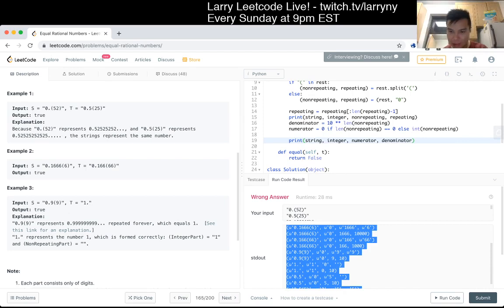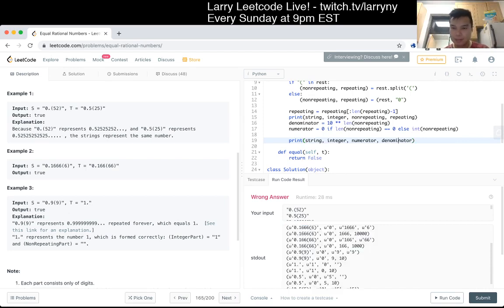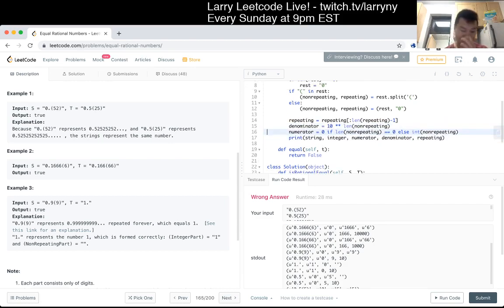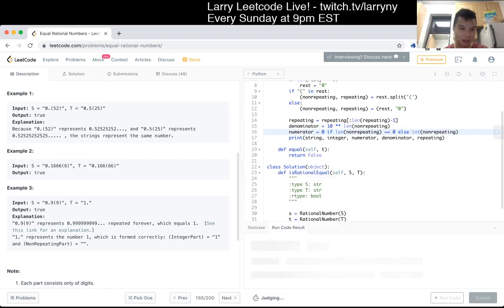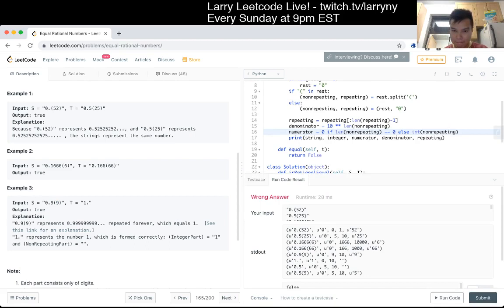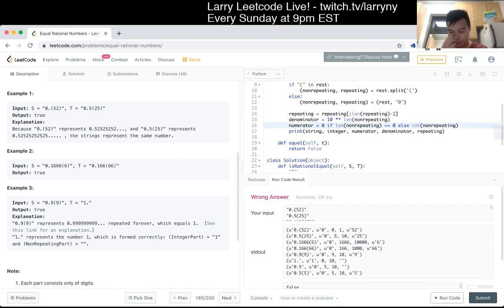166 out of 1,000. Why is this highlighted right? Okay. Repeating here. And then what does a repeating digit mean? Okay. So here it means 52 out of 99. Here it means 25 out of 990.